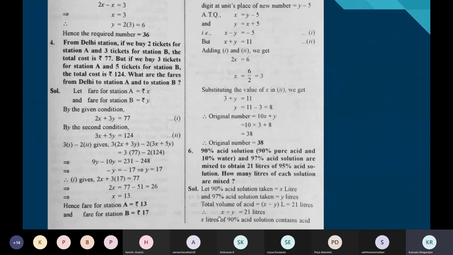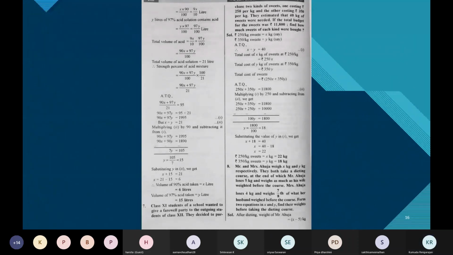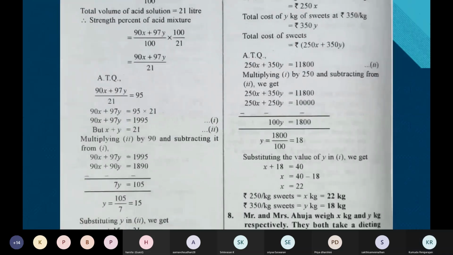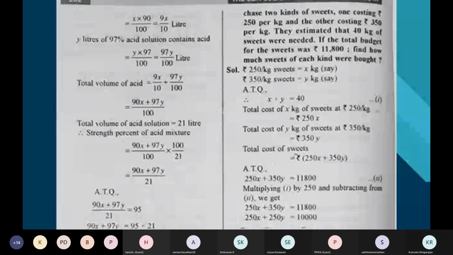So you can see it here. X liters of 90% acid solution contains the quantity of acid alone in X liters.